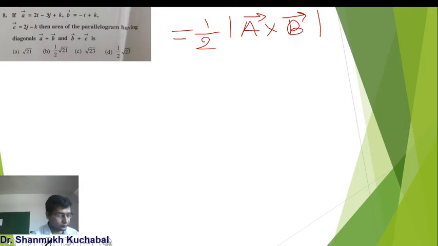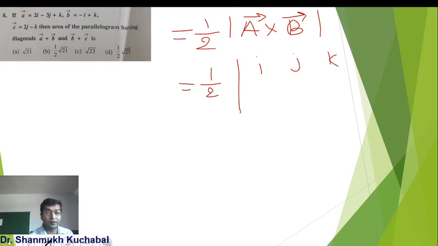So 1 by 2 as it is, then vector A cross vector B. Its cross product has first row i, j, k and second row the i, j, k coefficients of vector A. So we have to calculate those using position vectors.